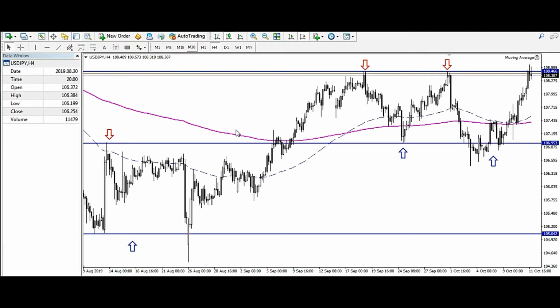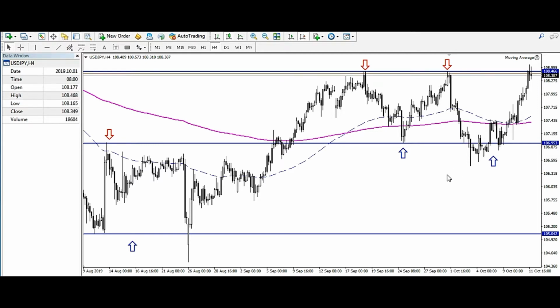And now we will talk about the trend of this chart. Okay, the market is in a sideways trend right now. As you can see, it's moving in a fixed range from resistance to support and then support to resistance.